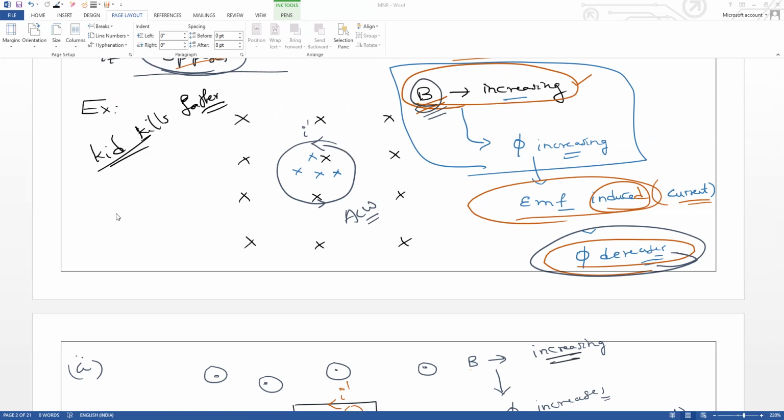Imagine the current is induced, and suppose I take a clockwise direction. This is the direction of induced current or induced EMF.